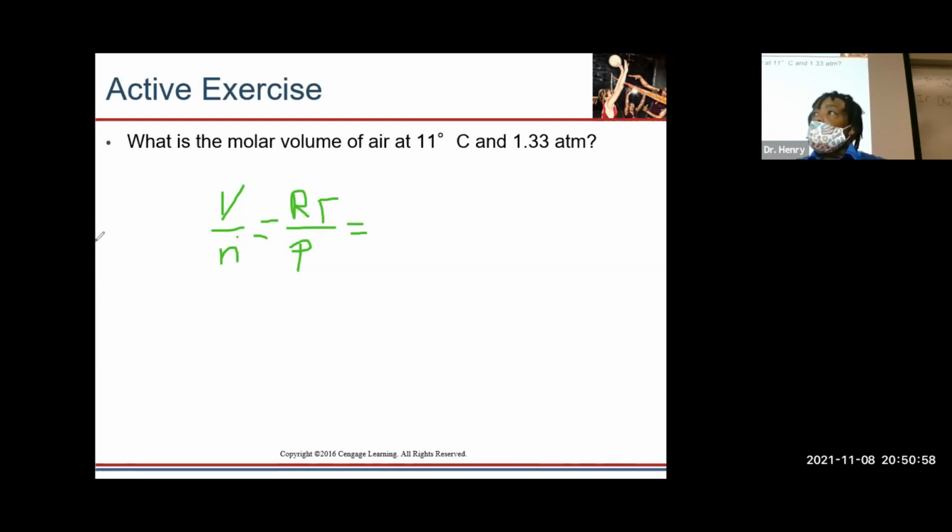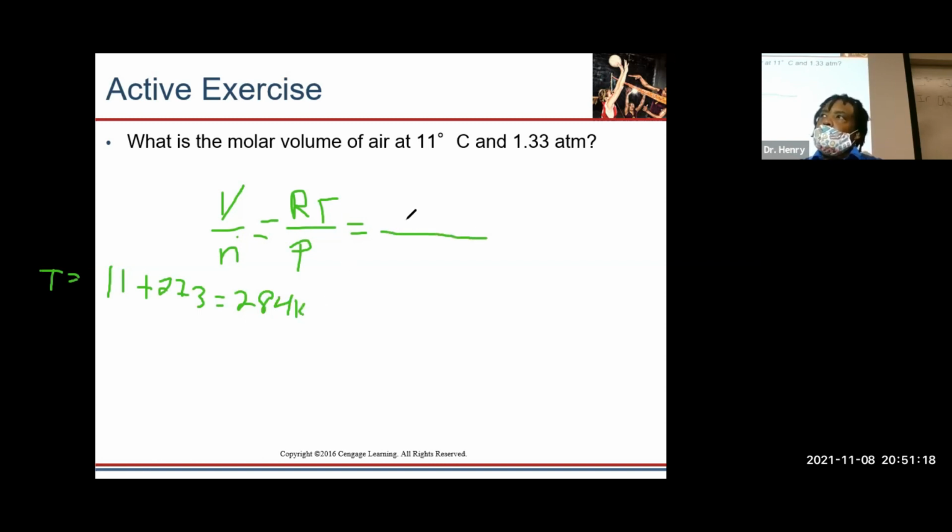Convert temperature to Kelvin, so 11 plus 273 equals 284 Kelvin.